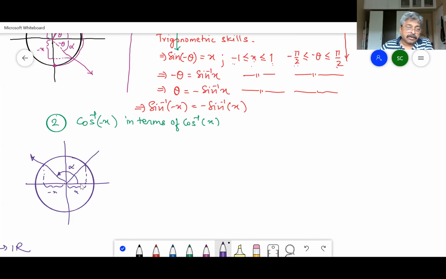And cos inverse of x will give you this angle, which is beta, and they are related to each other. You want to report cos inverse of opposite of x, which is equal to alpha, in terms of beta. As simple as that.